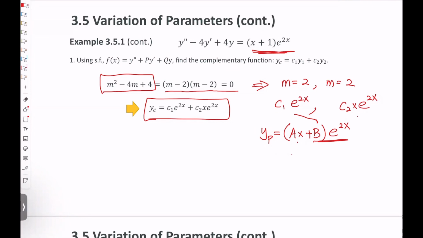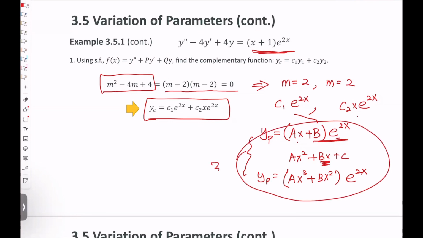So we need to have ax squared plus bx plus c. Well, bx times e to the 2x, that's again the repetition. So if you are using the undetermined coefficients technique, then yp has to be something like (ax cubed plus bx squared) times e to the 2x, so that there is no repetition. So that's for section 3.4.